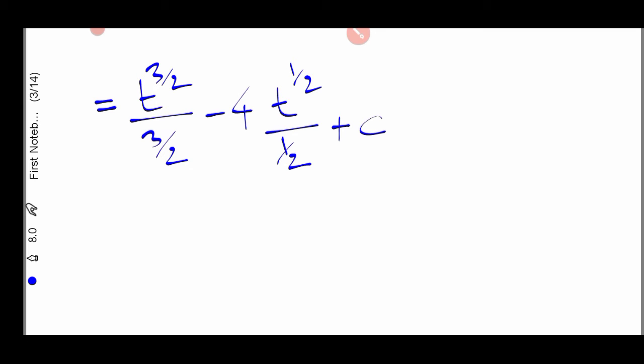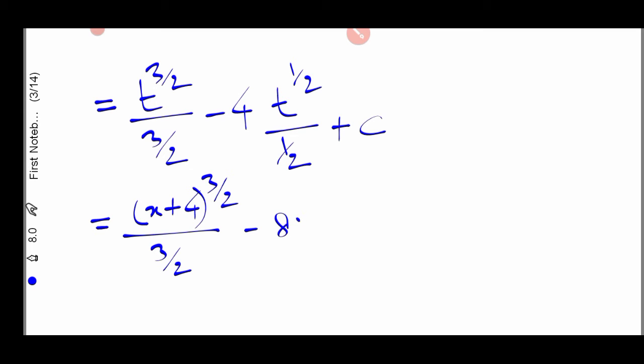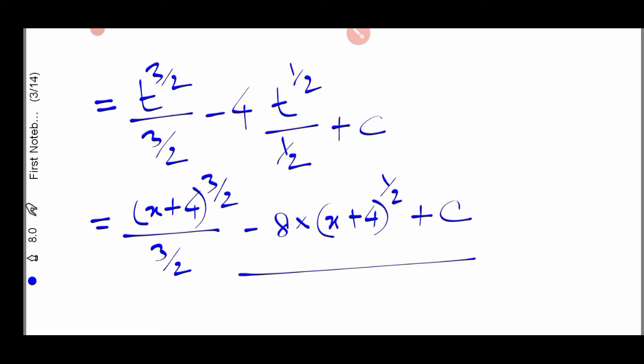Now substituting the value of t, that is x plus 4, we have (x plus 4) whole to the power 3 by 2 divided by 3 by 2 minus 8 into (x plus 4) whole to the power half plus c, which is the required answer for this problem.